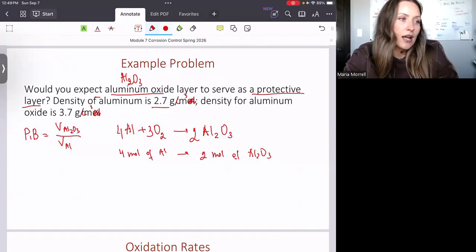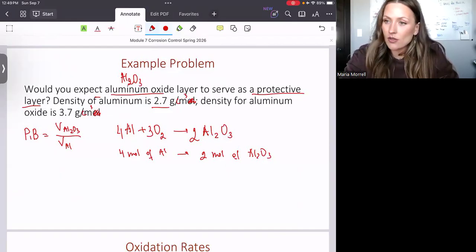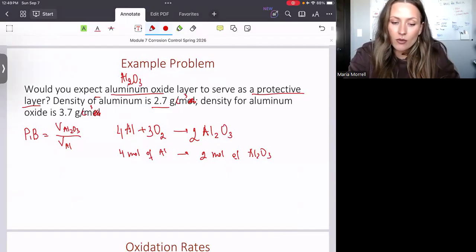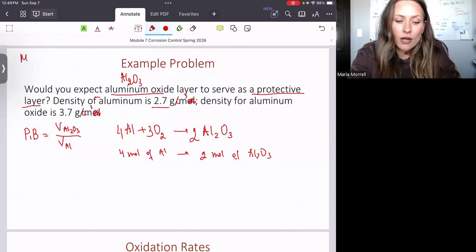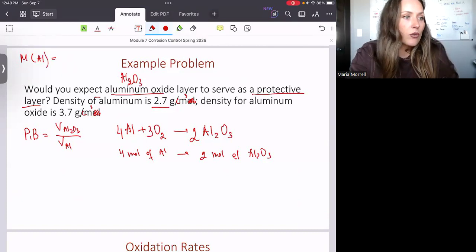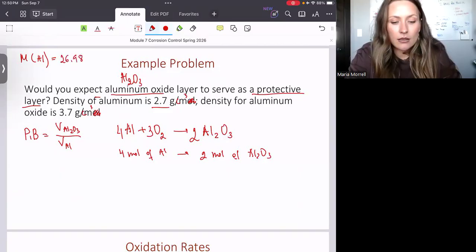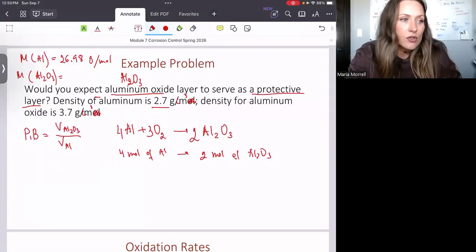And so that means I can actually estimate the grams, right? Because if I take my formula, and I will remind you that the molar mass of aluminum, which I'm just pulling out from the periodic table, is 26.98 gram per mole.